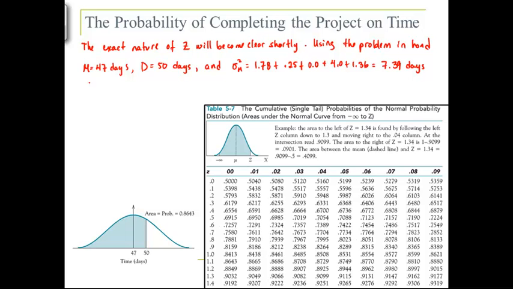So if we take the square root of that, we can get the standard deviation. So that will be the square root of 7.39 days, and that equals 2.719.